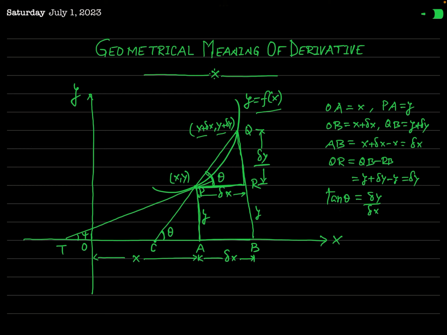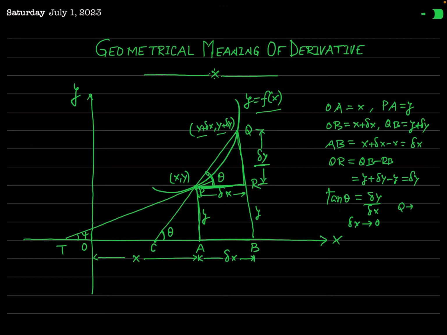Now if you consider that this point Q moves towards the point P, then the length of this delta Y and this delta X will decrease. And if you consider that Q is almost at this point P, then this delta X will tend towards 0.